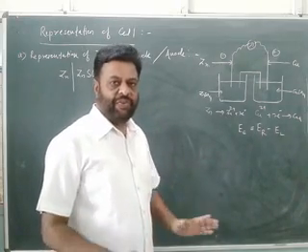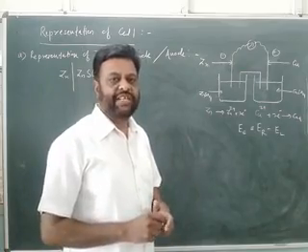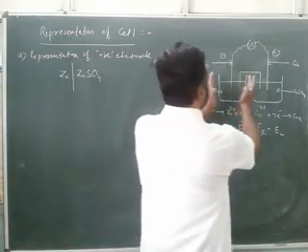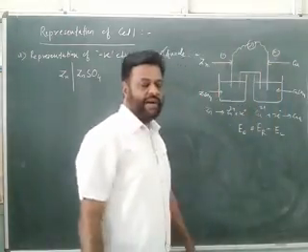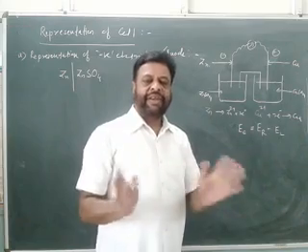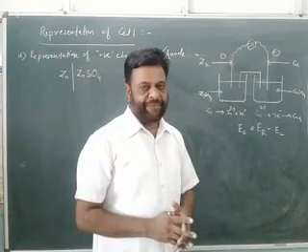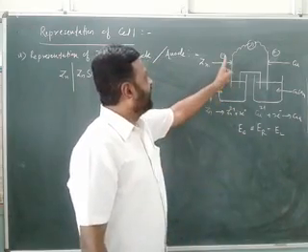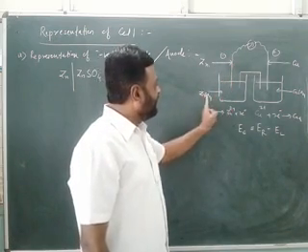As I told you, for the construction of an electrochemical cell, we require two single electrodes. One electrode is the negative electrode, another electrode is the copper electrode, the positive electrode. In Daniell cell, the negative electrode consists of a zinc rod dipped in zinc sulfate solution.